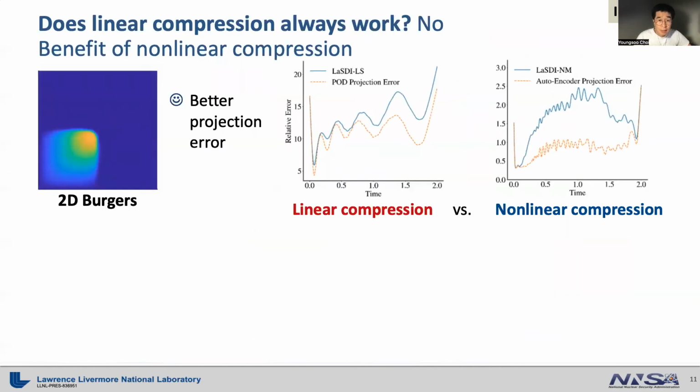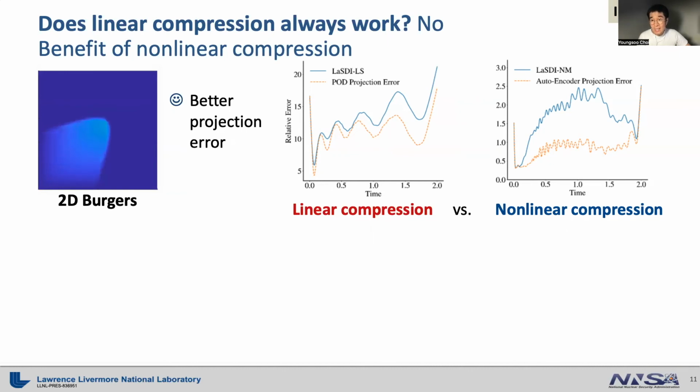All right, for the last point, but not the least important, I would like to address the advantages and disadvantages of linear and nonlinear compressions. The advantages of the nonlinear compressions over the linear compressions are many. In general, nonlinear compression provides a better projection error than the linear compression, even though they are using the same latent space dimension.